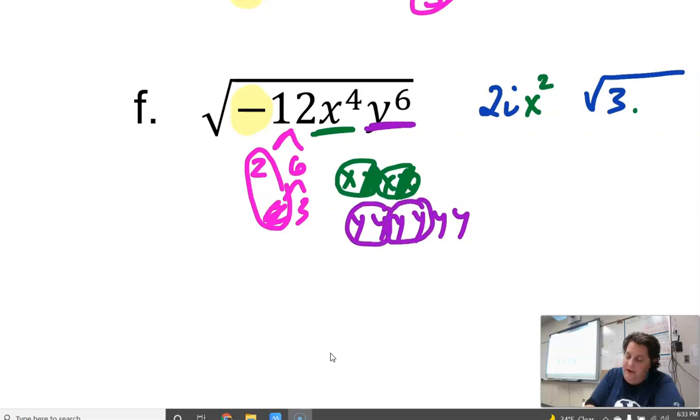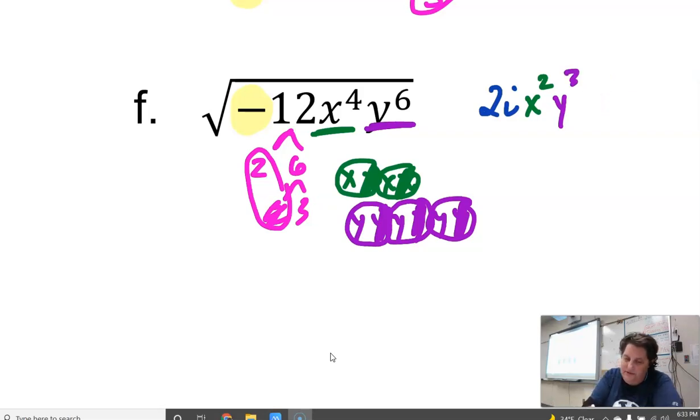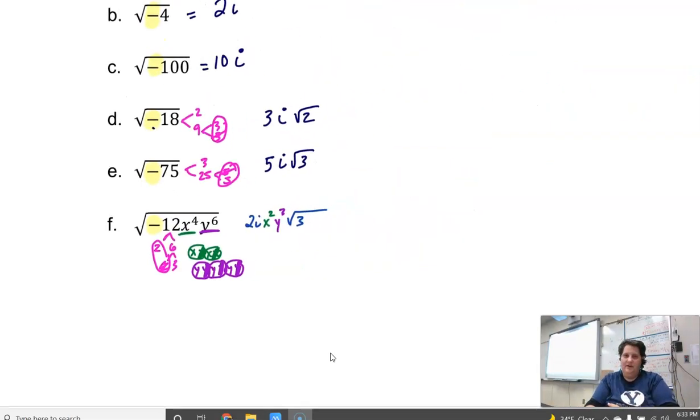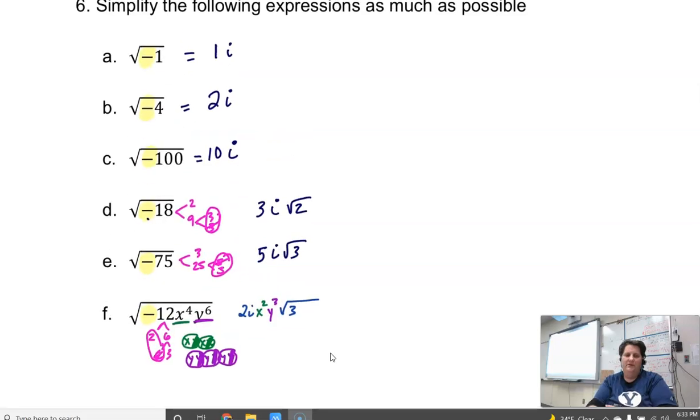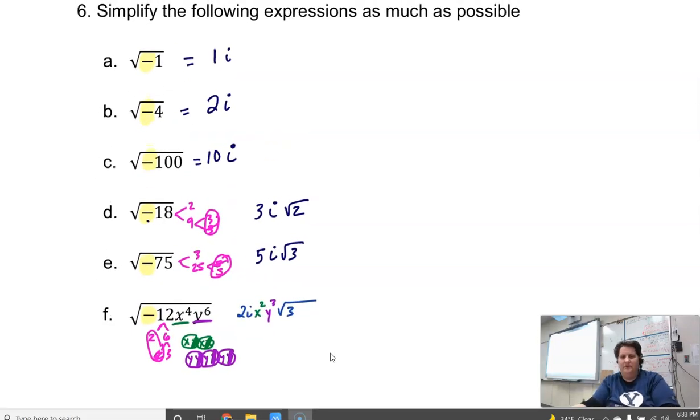Pair, pair, pair, cancel, cancel, cancel. So I have 3 y's that escaped from jail, and actually, oops, none left. Okay, so that's my final answer for that one. All right? So hopefully those make sense. Don't forget to include your i in your answer.